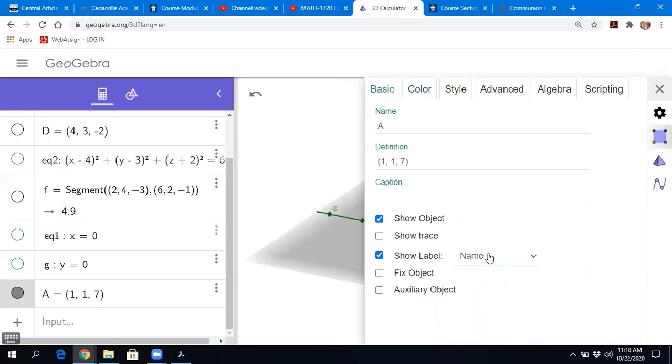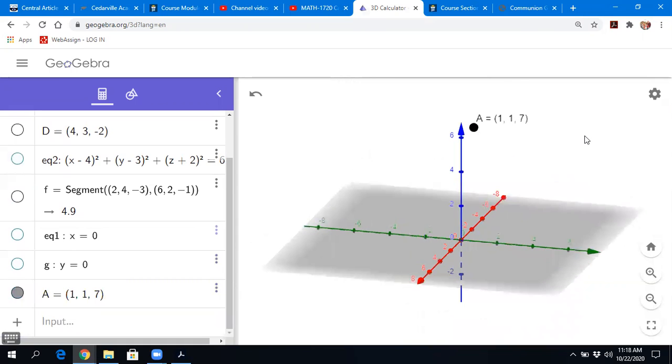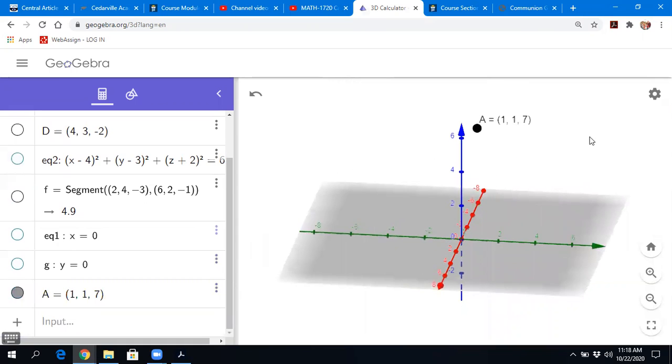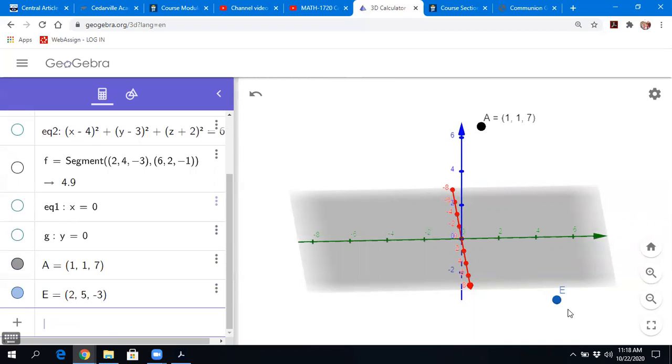And then I show the label. I want to show the name and the value of this thing. Then it labels the point. Do you see that? So what was the other one? 2, 5, -3. All right. Okay, so there's that.